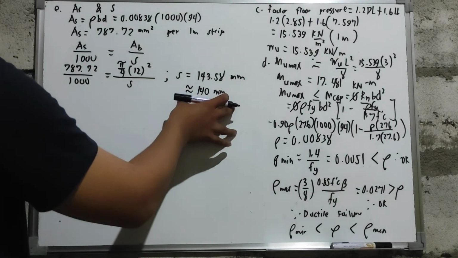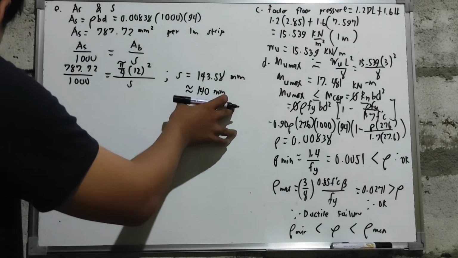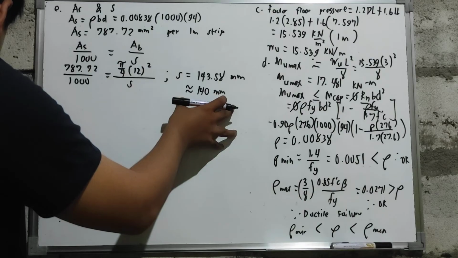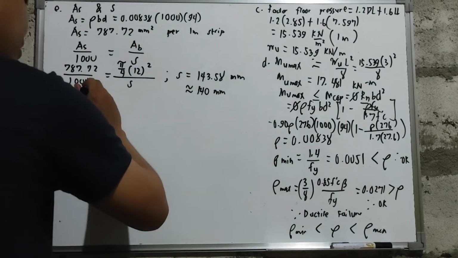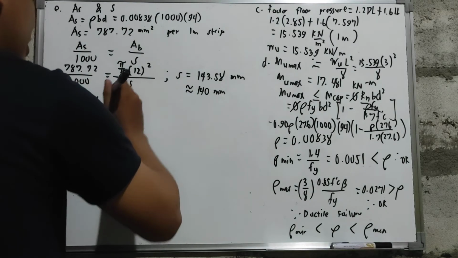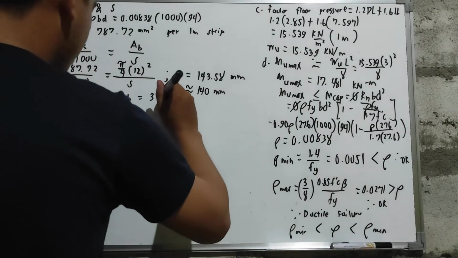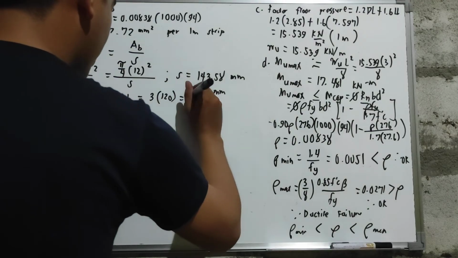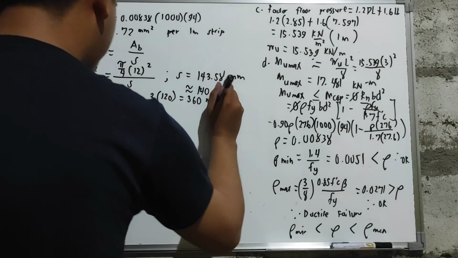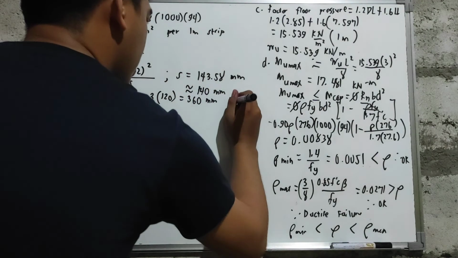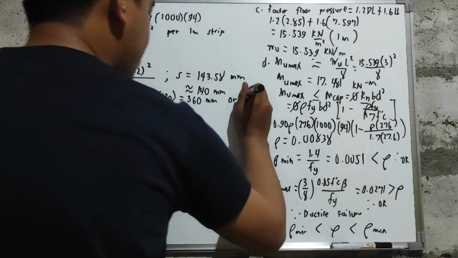So kapag nakuha natin yung spacing, we're going to calculate for the value of your maximum spacing naman required by the code. S max, that is equal to 3h. So 3 multiplied by 120, so you have 360 mm. Or yung ano natin dito na 450 mm daw.